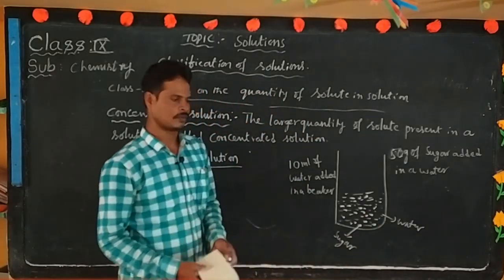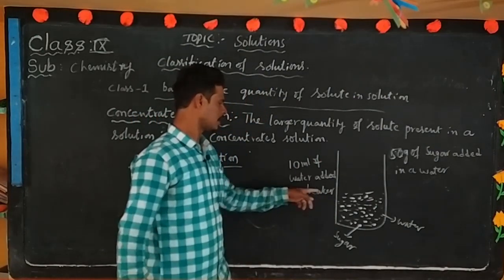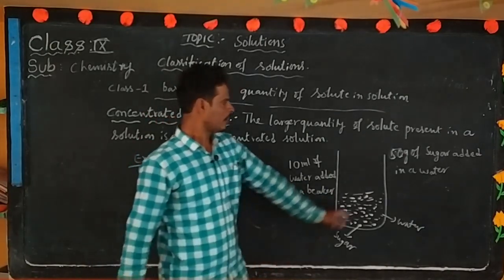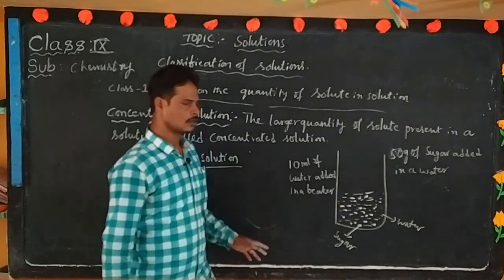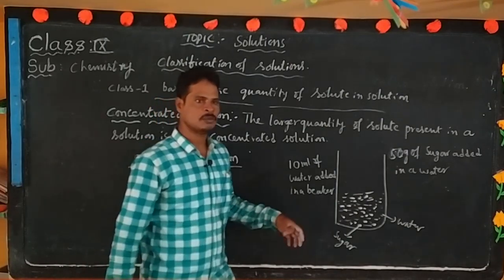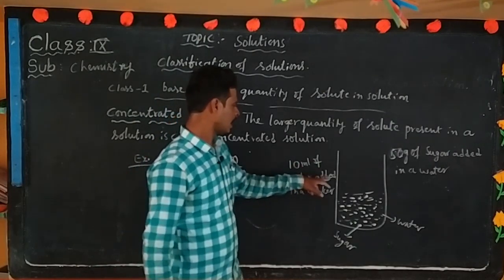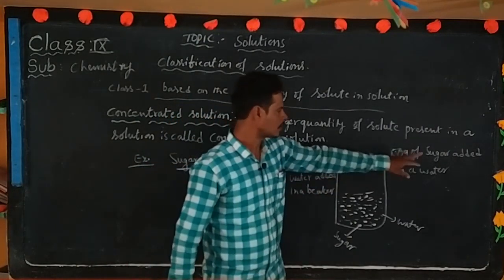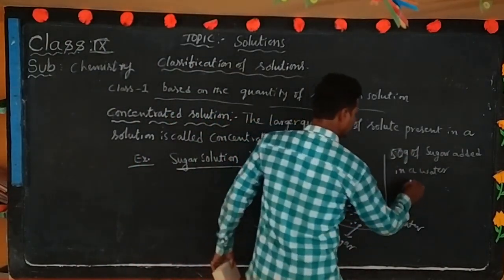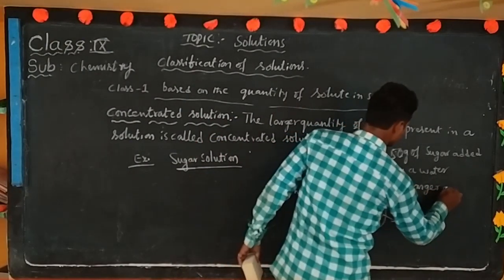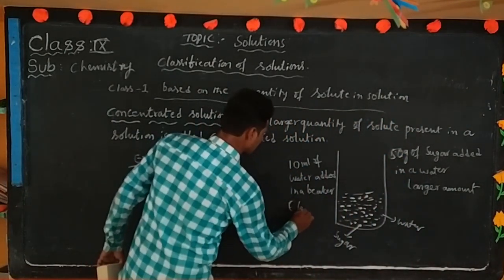Now observe carefully. First take a small beaker, then add 10 ml of water in the beaker. Next, 50 grams of sugar is added into the water. We prepared a sugar solution. But here, which is the more amount and which is the lesser amount? Here solute is the larger amount.